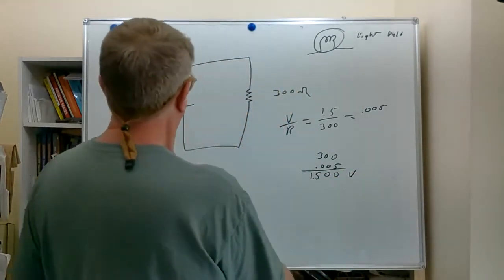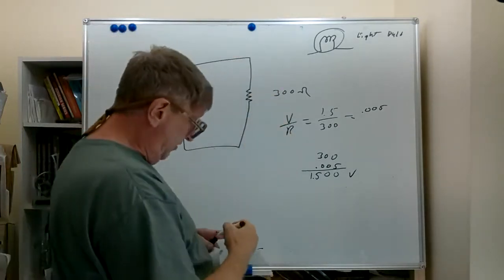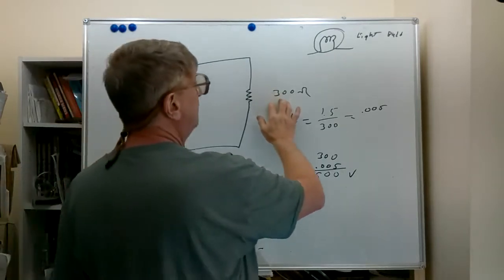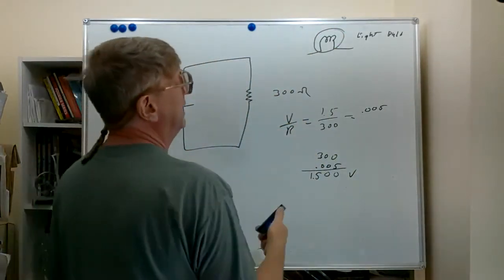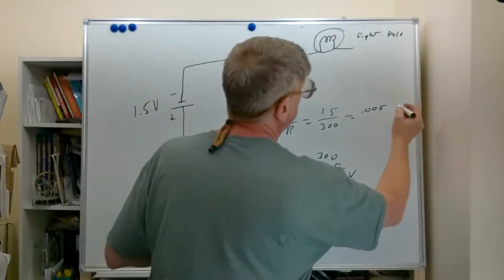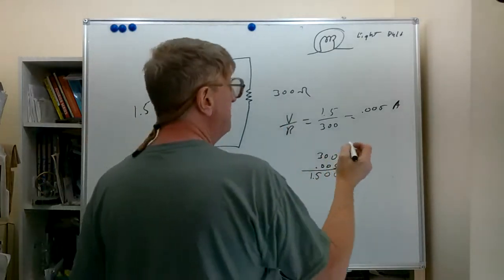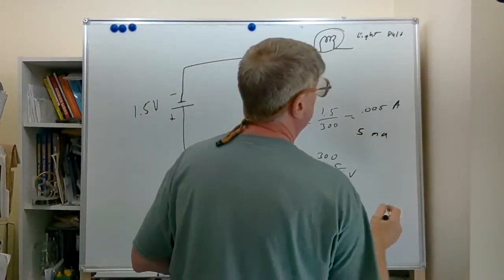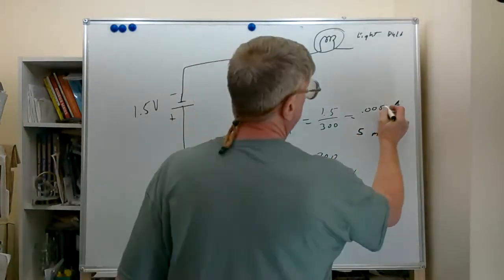So this closed or complete circuit allows current to flow through that resistance, which we're using to represent the resistance of a small light bulb, and the current is 0.005 amps, which we might also call 5 milliamps, because a milliamp is 1,000th of an amp.